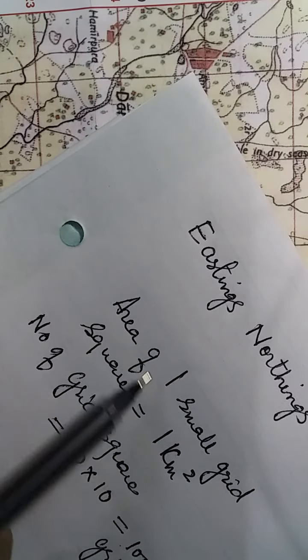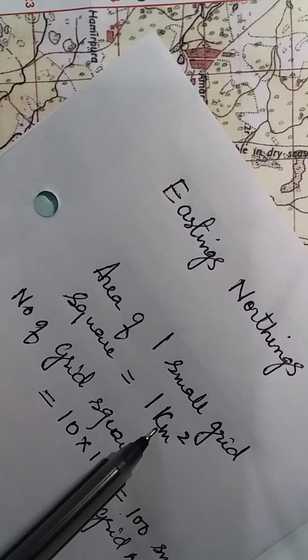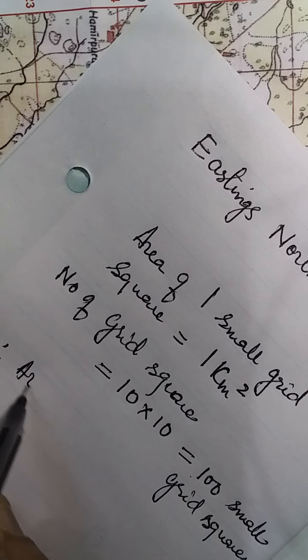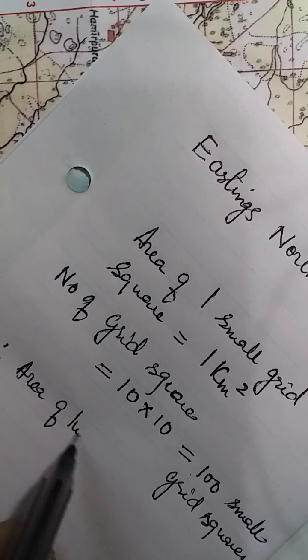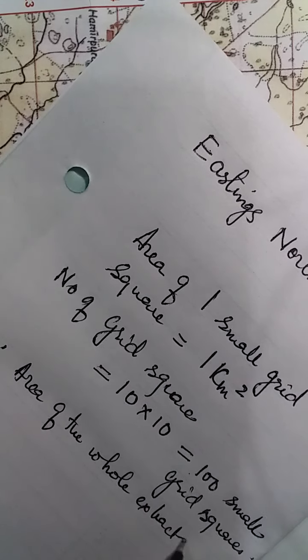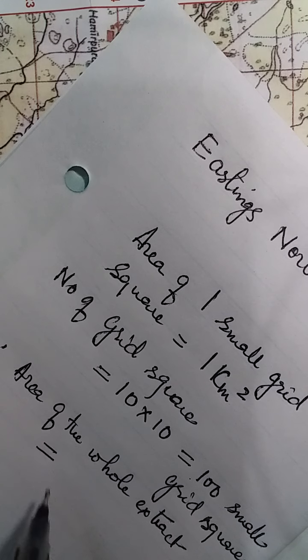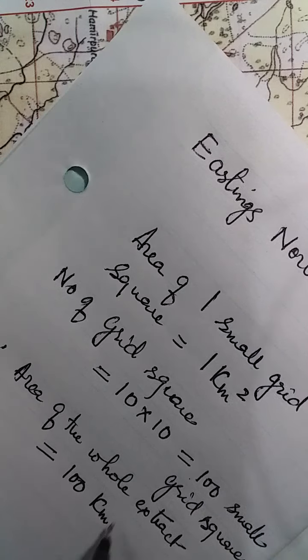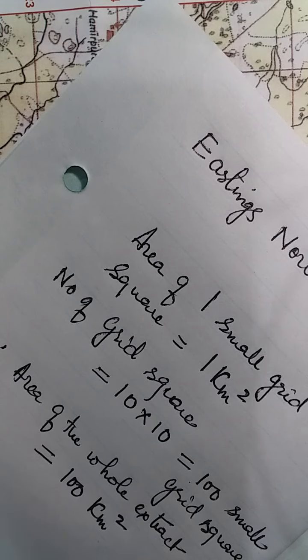And since the area of one small grid square is 1 kilometer square, therefore the area of the whole extract will be equal to 100 kilometer square.